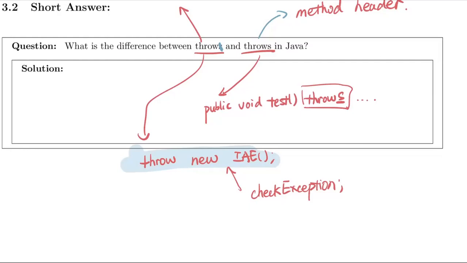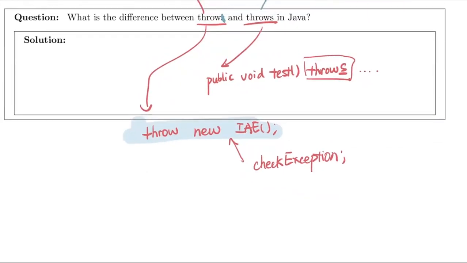I got a quick question. Sorry, go ahead. So when you declare throws in the method header, but inside your method you have a checked exception and you didn't handle it, it still doesn't compile, right? If you have a checked exception, you either declare it with throws, right? Yeah.